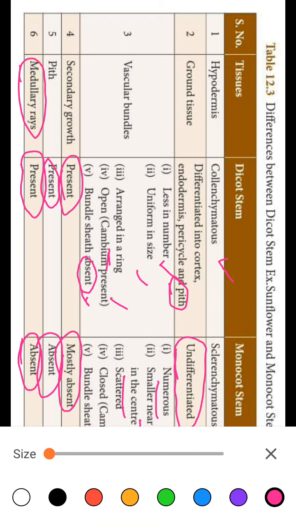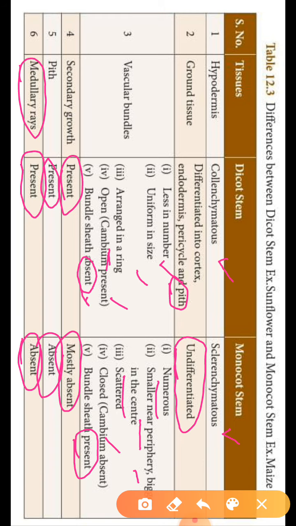Ground tissue is differentiated into cortex, endodermis, pericycle and pith in dicot stem, but undifferentiated in monocot stem. Vascular bundles are less in number in dicot stem but numerous in monocot stem. They are uniform in size in dicot stem; smaller near the periphery and bigger in the center in monocot stem.